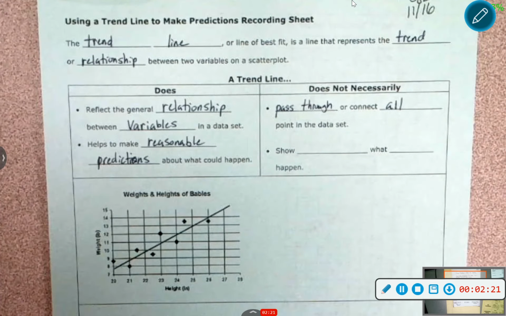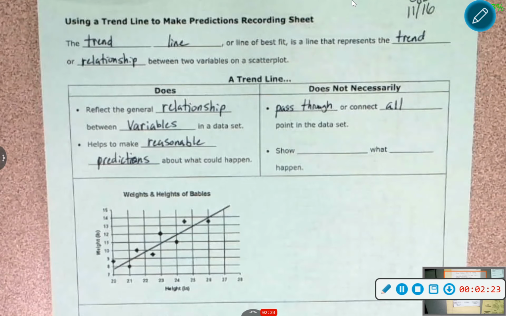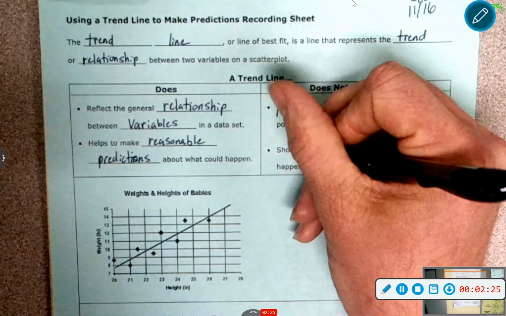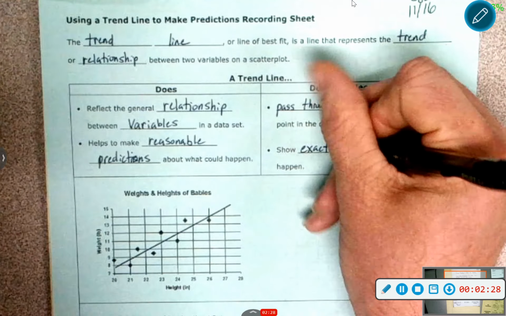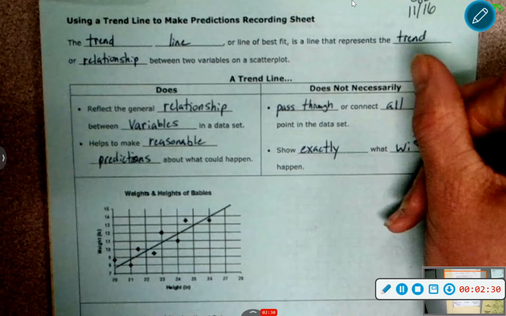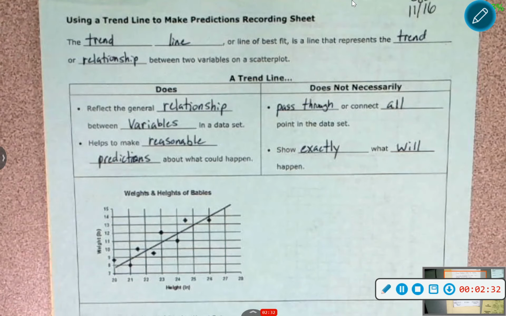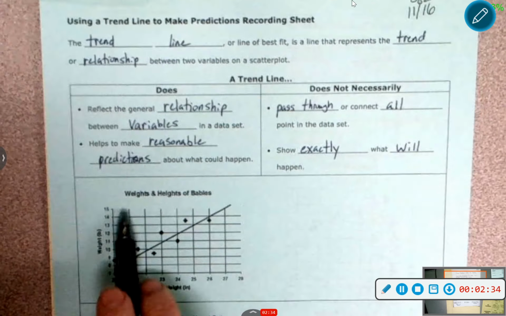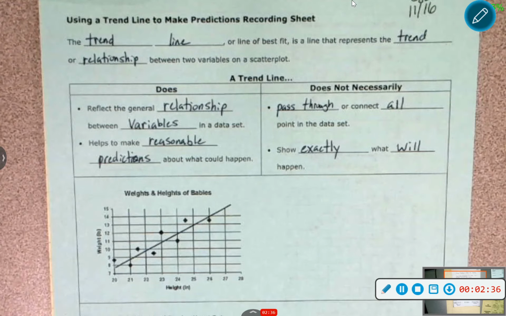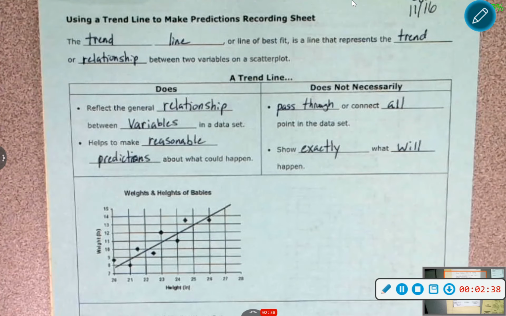Another thing that the trend line does not necessarily do is show exactly what will happen. So when you're thinking about a data set, like in this case, the weight and heights of the babies, each point represents an individual baby that was measured for its height and weighed for its weight.